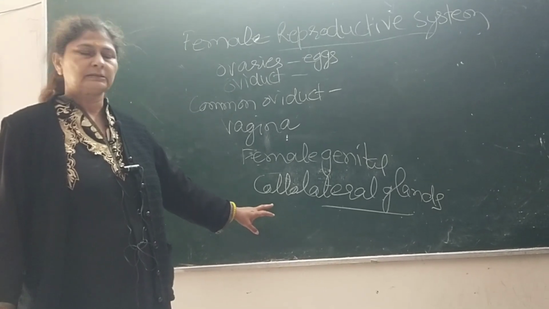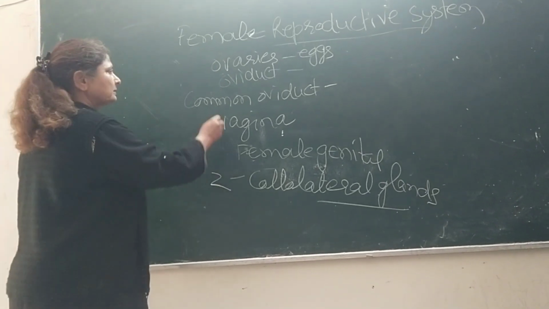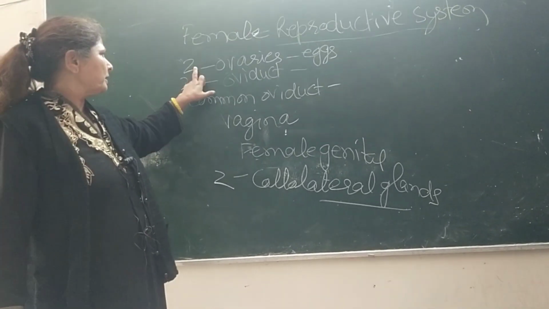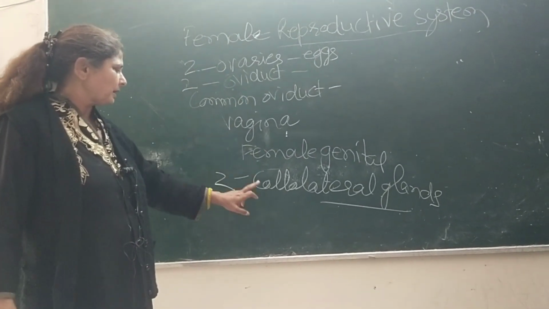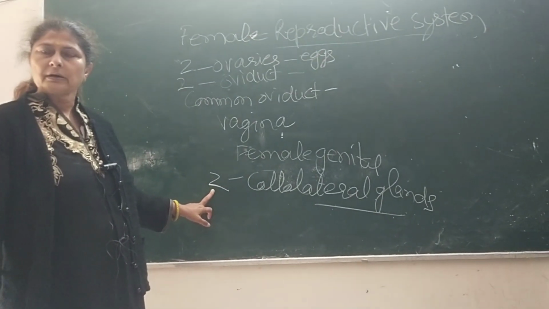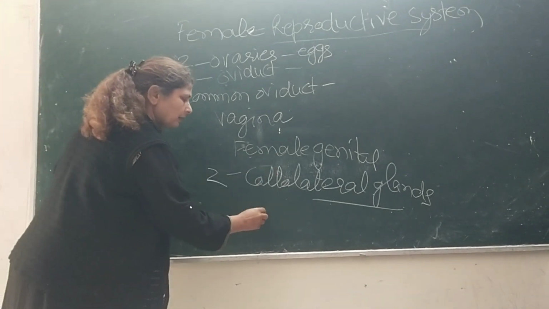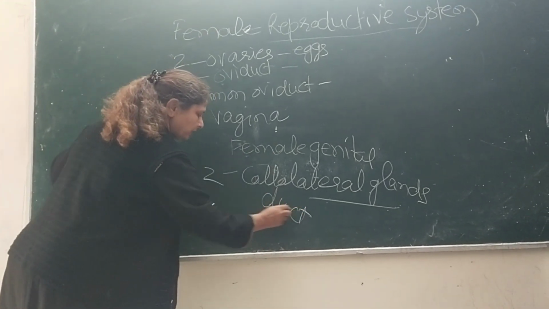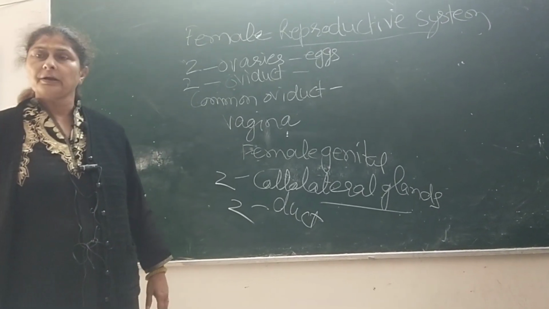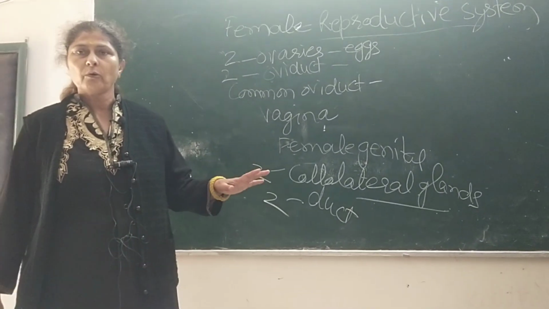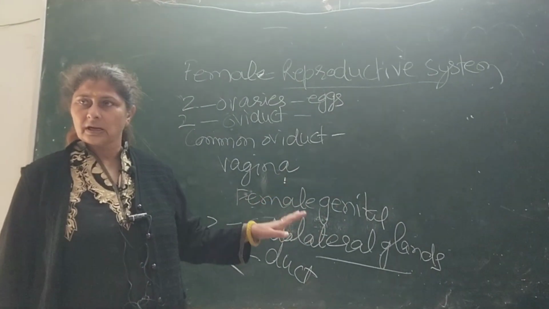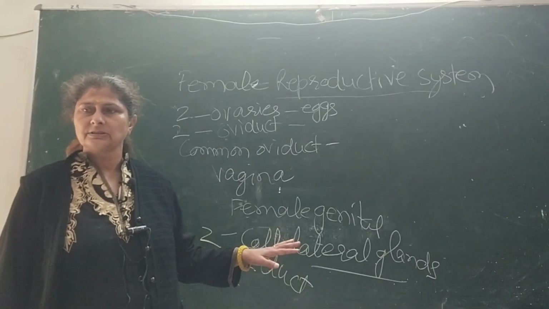They are also 2 in number, as the ovary is 2 in number, the oviduct is 2 in number, and the collateral ducts are also 2 in number. They open into the phallomeres or external genitalia.